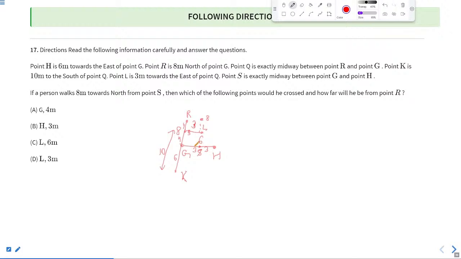So since GS will be transferred over to R in this new point, and this new point will be exactly parallel just east of R. Therefore, it will be 3 meters from R and will cross point L. The answer is D. Answer is 3 meters from point L, and he will cross point L.